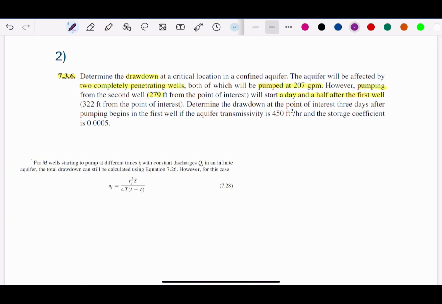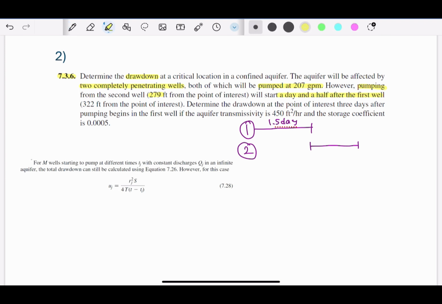So this means that, for example, we will have 2 wells, let's say 1 and 2. The first well will start pumping, and it will take 1.5 days. And after this 1.5 days, the other one will start pumping.